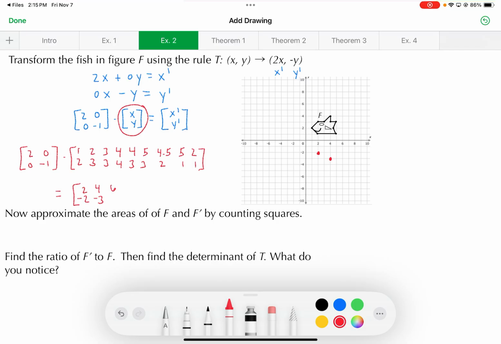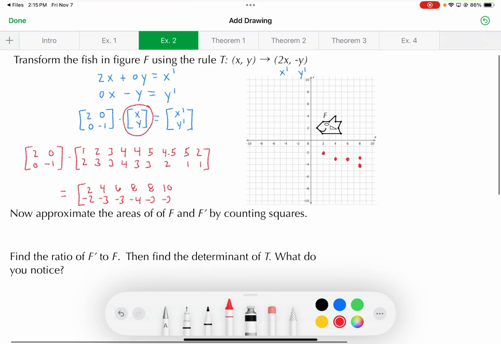Okay, then after that, 6, negative 3. 8, negative 4. 8, negative 3. 10, negative 3. 9, negative 2. 10, negative 1.